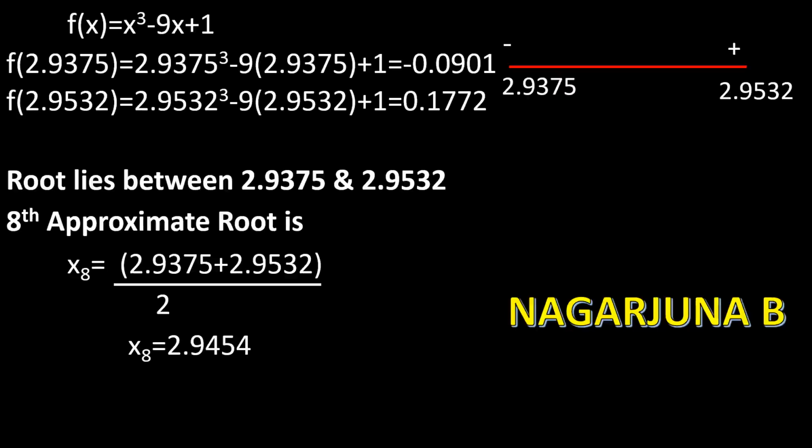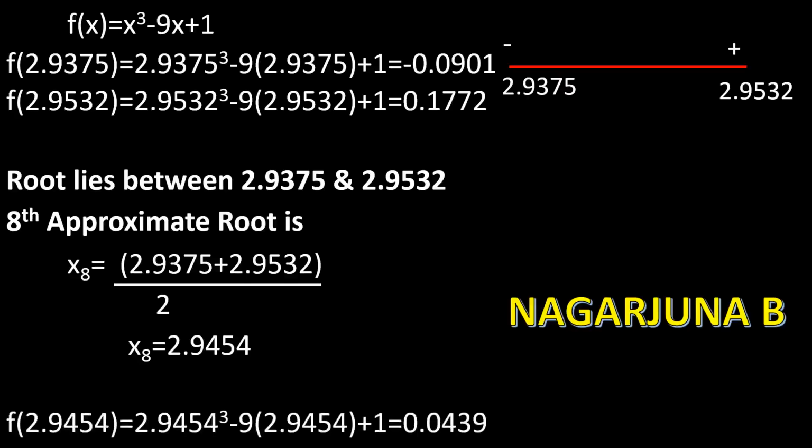Now we need to find f of 2.9454, that is 2.9454 cubed minus 9 into 2.9454 plus 1, which is equal to 0.0439, which is positive. What we have done is found a new root between 2.9375 and 2.9532, which is 2.9454, and when substituted in f of x, we get 0.0439, which is positive.